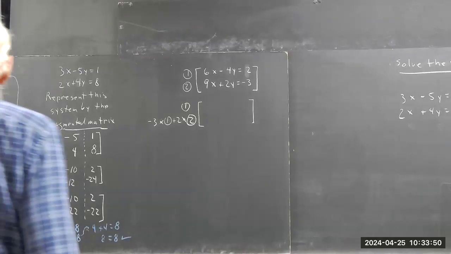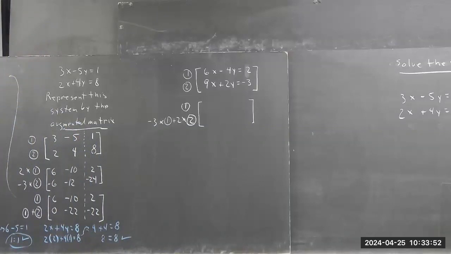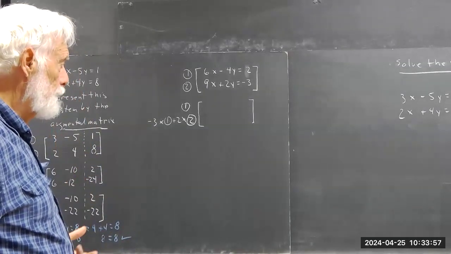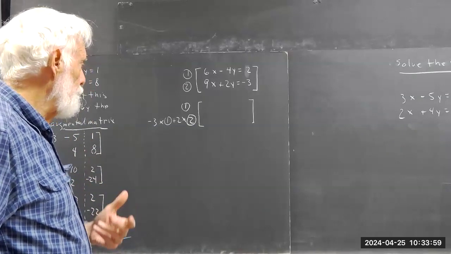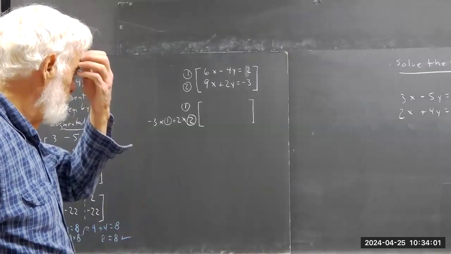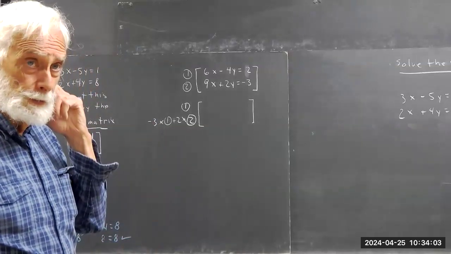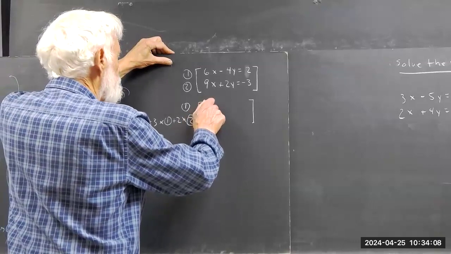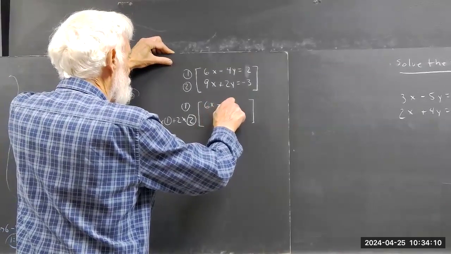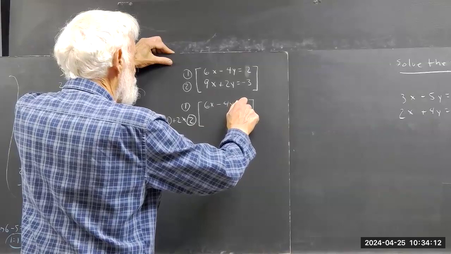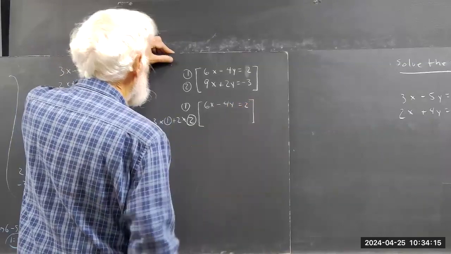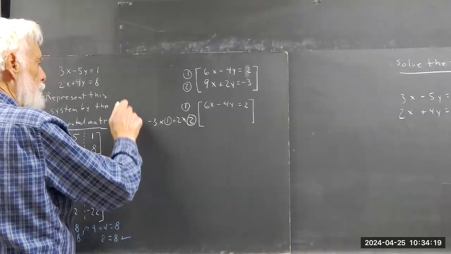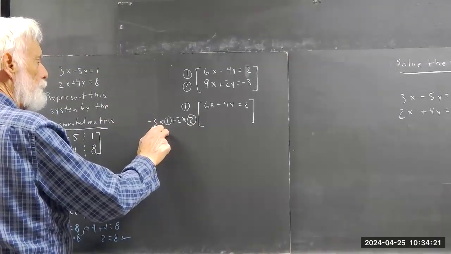Okay, now, people did quite well. And you did this, everybody did this in the calculator without writing it out. And I always recommend that you write out a sequence of calculations, okay? So, first of all, okay, here's our first equation. Now, -3 times equation 1.